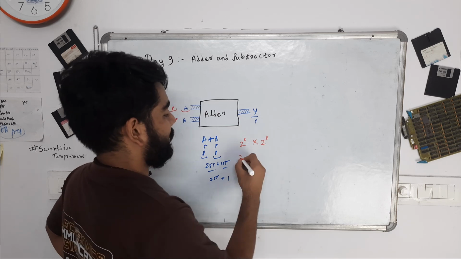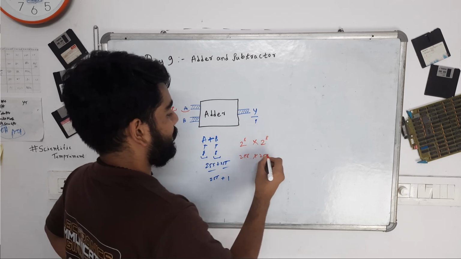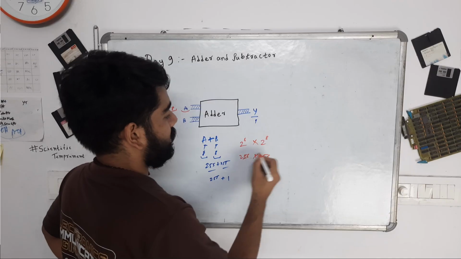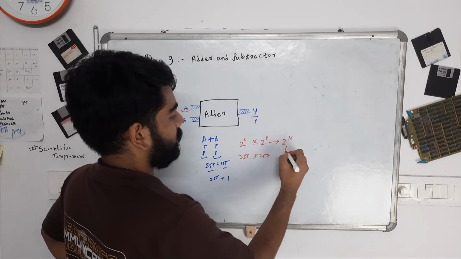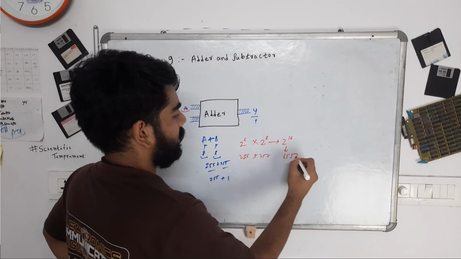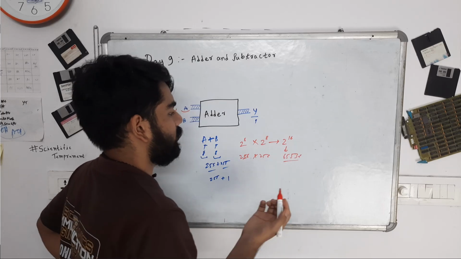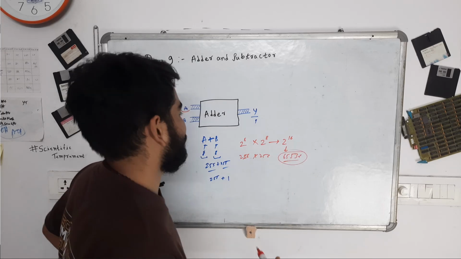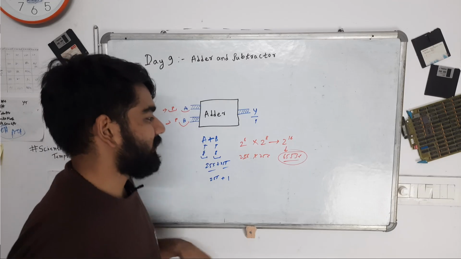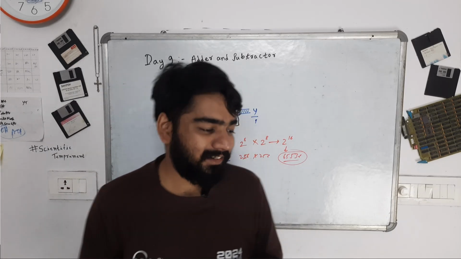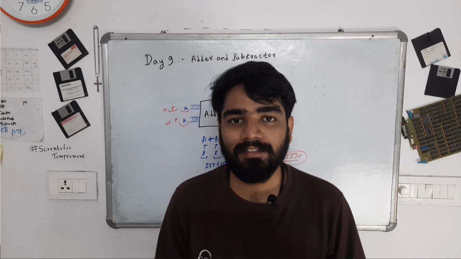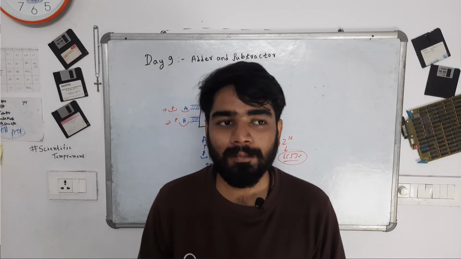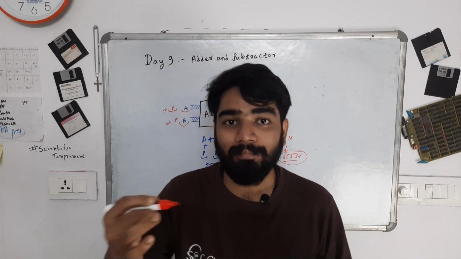So this is 256 times 256, which is 2 to the power 16, which is 65,536, I think. So these many combinations of A and B are there. Writing these many is not possible. Even if you generate the waveform using for loops, it will be hard to check it manually.